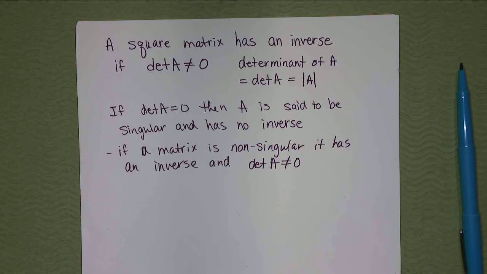But if you want to show that something has an inverse, you find the determinant. There's a whole chapter, or a whole section, on determinants, so we'll do that later. But we're going to show you how to find it quickly now. Okay.